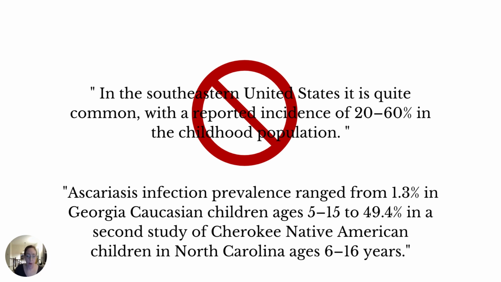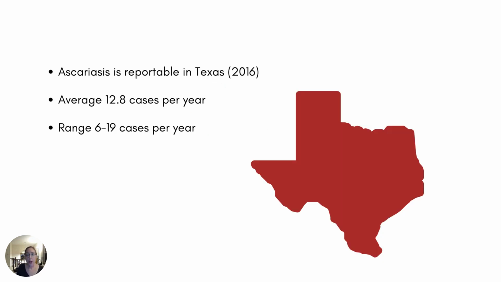But what about now? Rates of ascariasis now are so low that in many states, it's not even a reportable condition. It's not even worth the manpower. When I pulled up the reportable conditions for Florida, ascariasis was not even listed on there. There's no one to report to. You just treat it, you move on with your life.